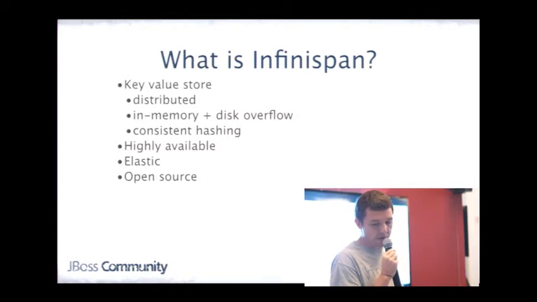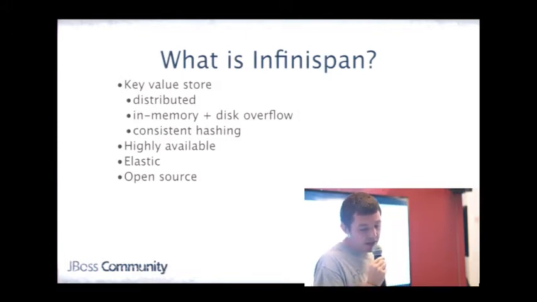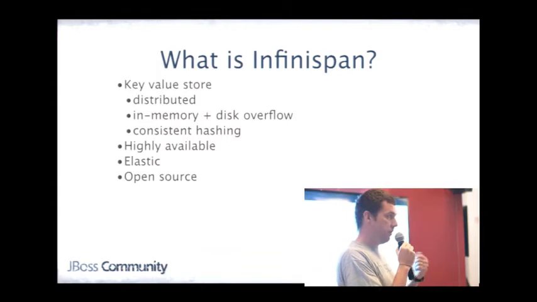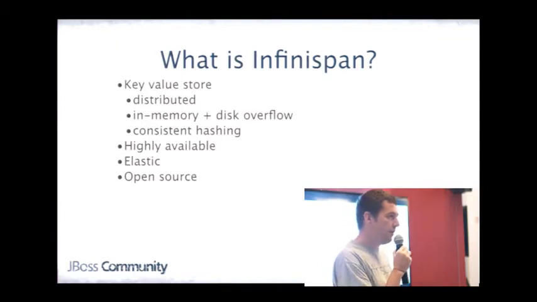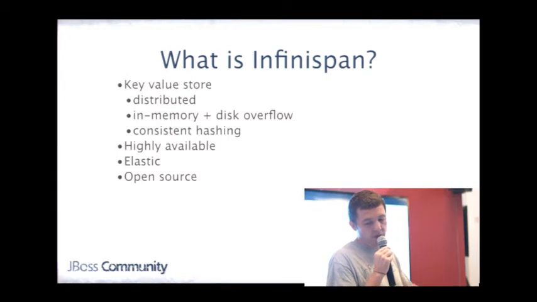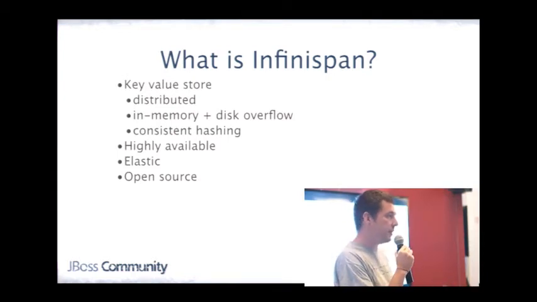As most of the projects in this space, it uses consistent hashing in order to achieve scalability. It is highly available, so memory is kind of volatile. Nodes crash all the time, especially if the clusters are big. In order to recover from failures, it keeps redundant copies of data.